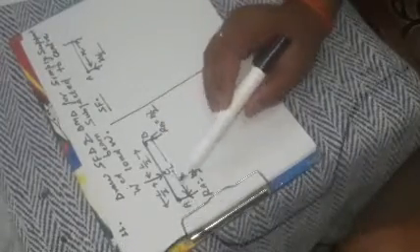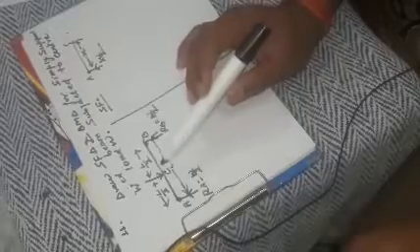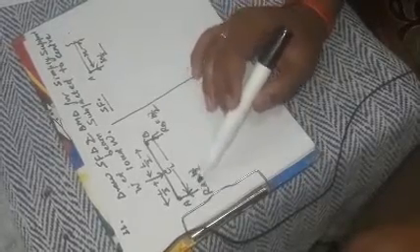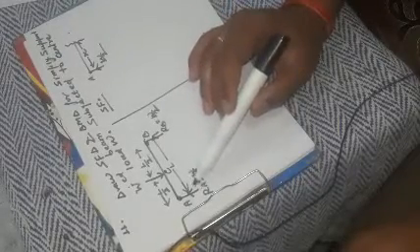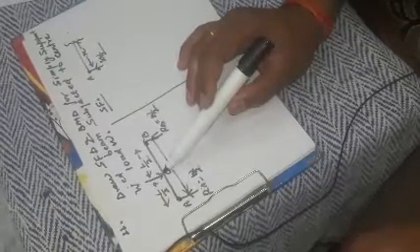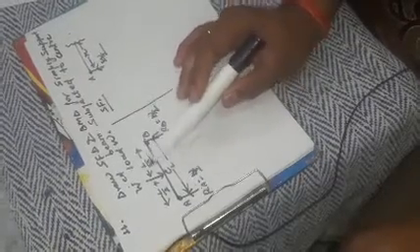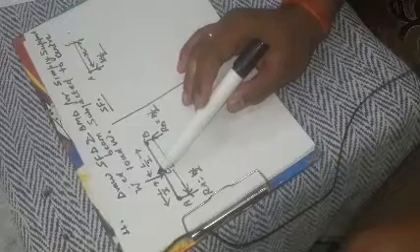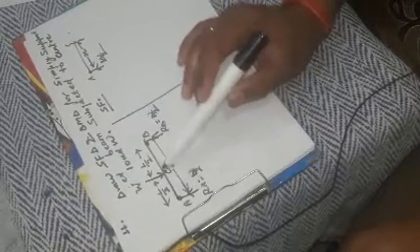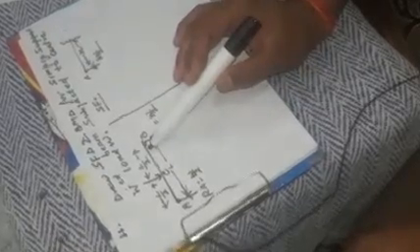Why are we considering just left of C? Because we will calculate the value of shear force, or internal resisting effect, for this load W by 2 just left of C. Because of this load being added, the effect of these two will start from C to left of B, right?